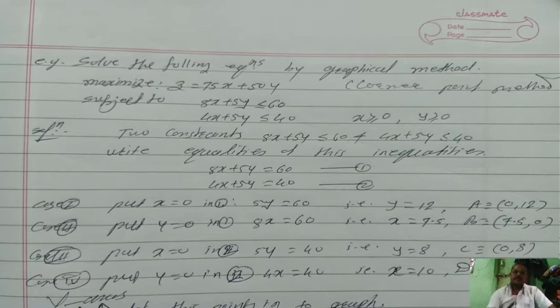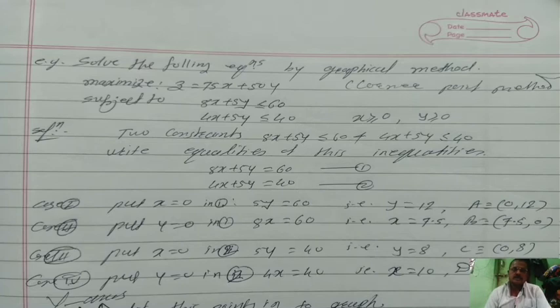Solve the following linear programming problem by graphical method, using the corner point method. Write down. Maximize, that is the objective, z is equal to 75x plus 50y subject to constraints.